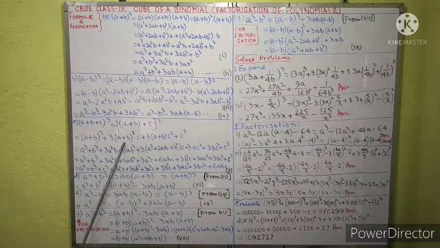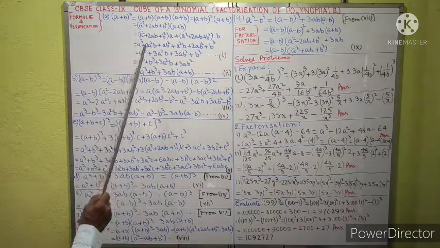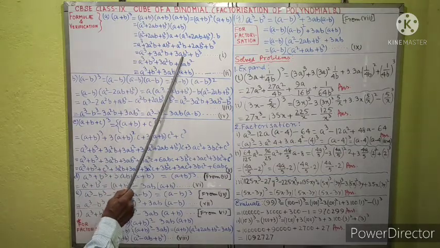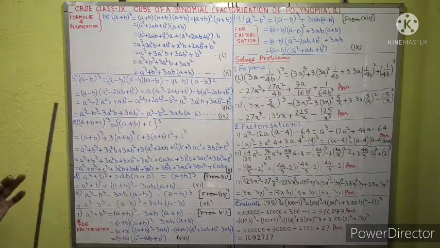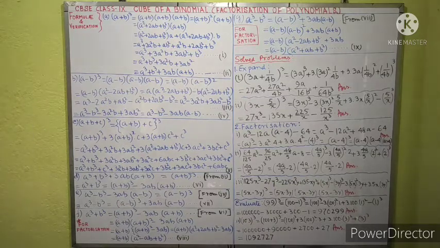This is written this way, like number 1. So a plus b whole cube equal to a cube plus b cube plus 3a square b plus 3ab square, and again 3 into a plus b whole square. So it is 3 into a square plus 2ab plus b square.